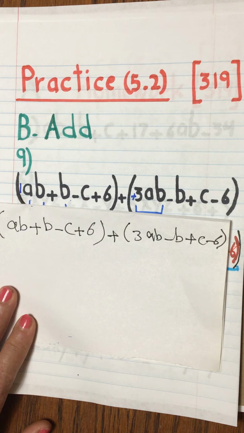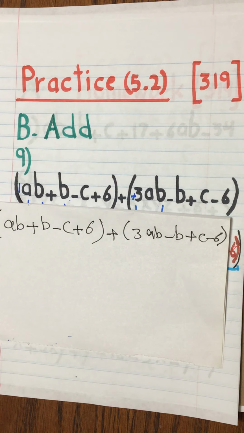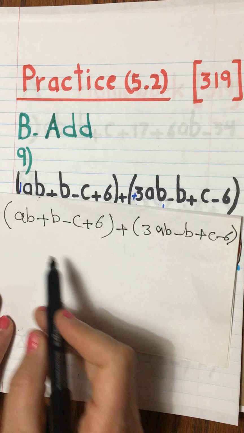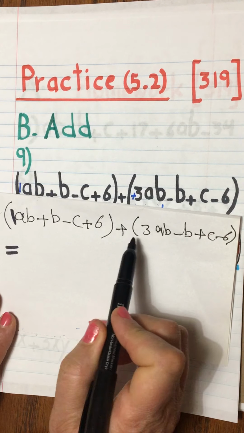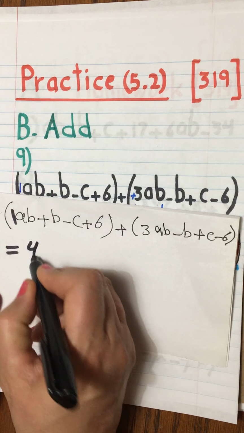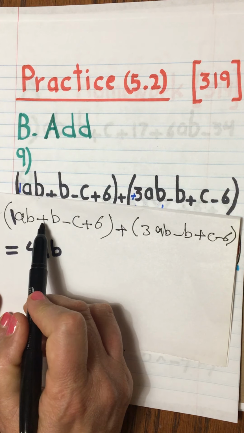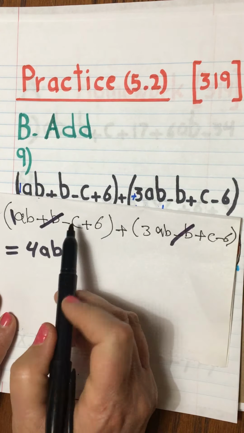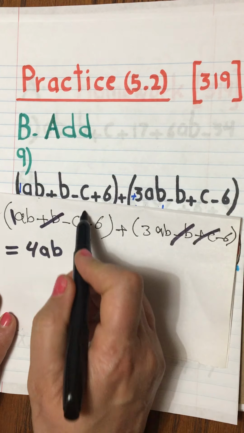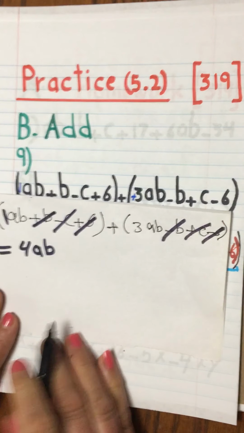You can do it right away. So the answer is AB means 1AB plus 3AB, so it's 4AB, and plus B minus B cancel out right away, minus C and plus C cancel, 6 and negative 6 cancel.